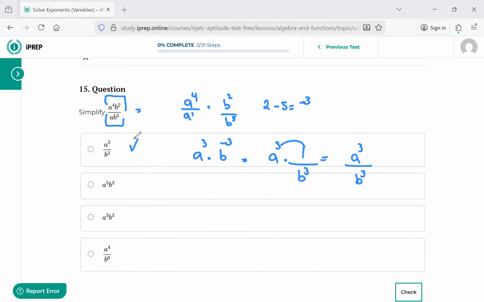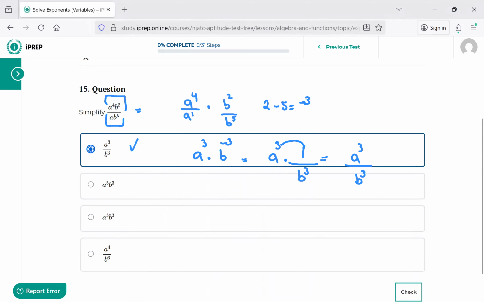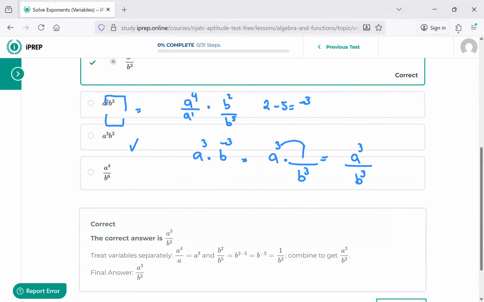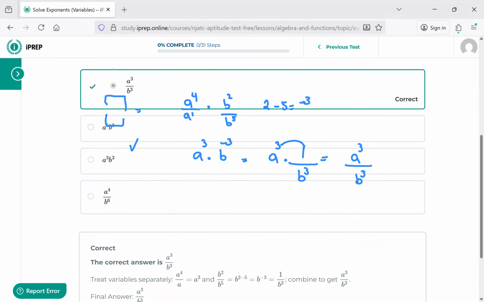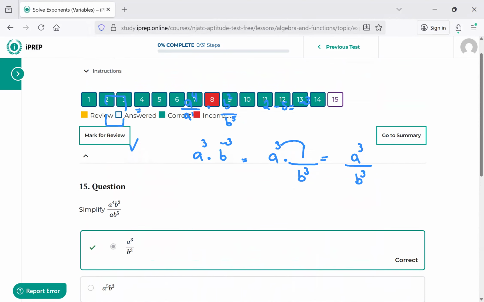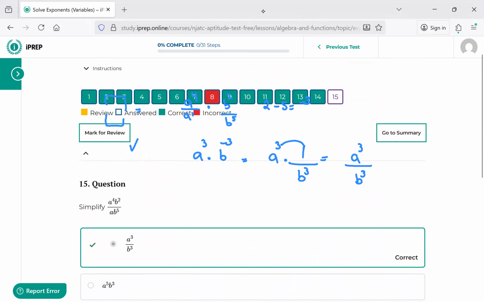So it's this one. Okay, that's your answer. That was the last one, question 15, so we can stop here. So yeah, that was exponents regarding the IBU exam.